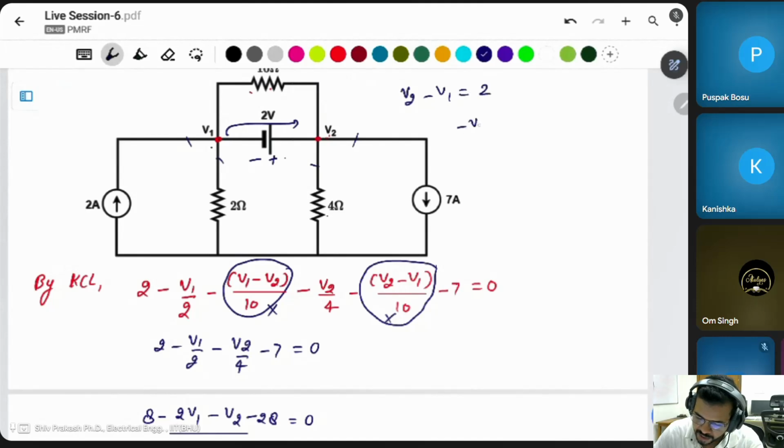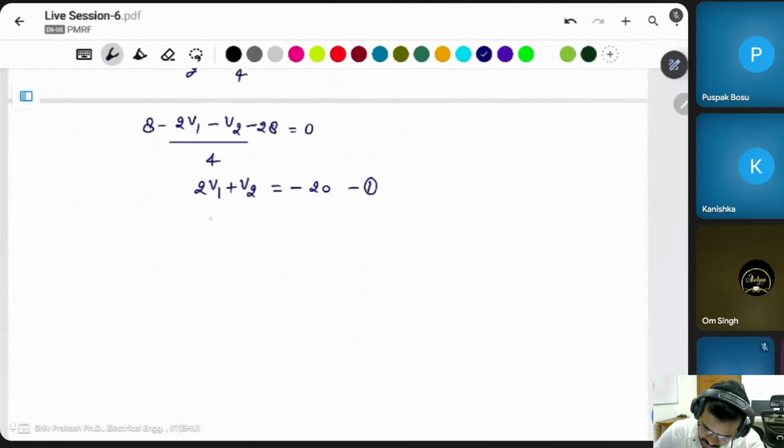Or you can say V1 minus V2 is equal to minus 2, because V2 minus V1 is equal to 2, then V1 minus V2 is equal to minus 2.